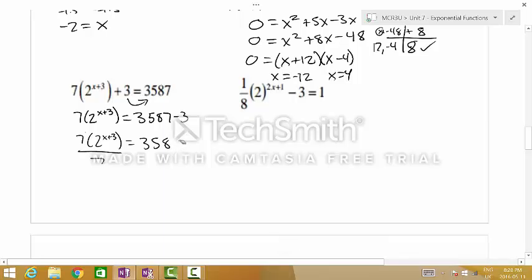That should be a 4 on the end there. And then what we're going to do from there is divide that 3584 by 7. And what we get is 2 to the x plus 3 equals 512.